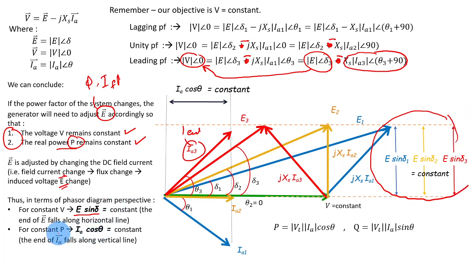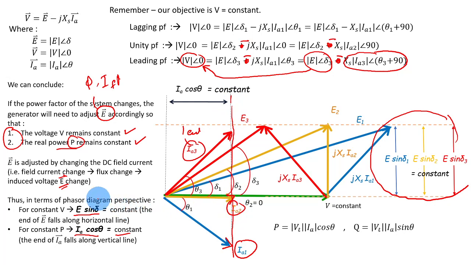And then secondly, if you want to maintain the constant power, the IA, basically the armature current projected on the horizontal axis, must also be constant. See, no matter what, this is the phase current IA1, phase current IA2, and phase current IA3. You can see that the tip or the end of the vector here always falls around this dotted line here. Okay, always on the same horizontal line.